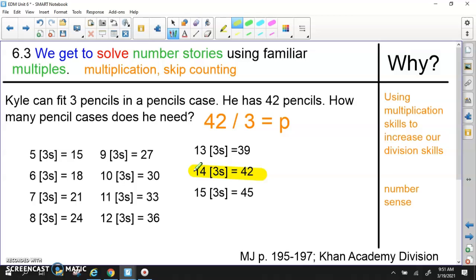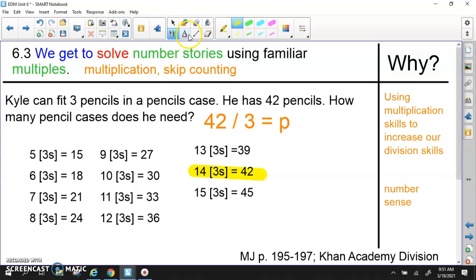So below that, you can write the answer is 14. The number model with the unknown is 42 divided by 3 is P. And then the number model with the answer is 42 divided by 3 is 14. Does everybody see how I use skip counting to get to that answer? Okay. Is everybody okay with that?